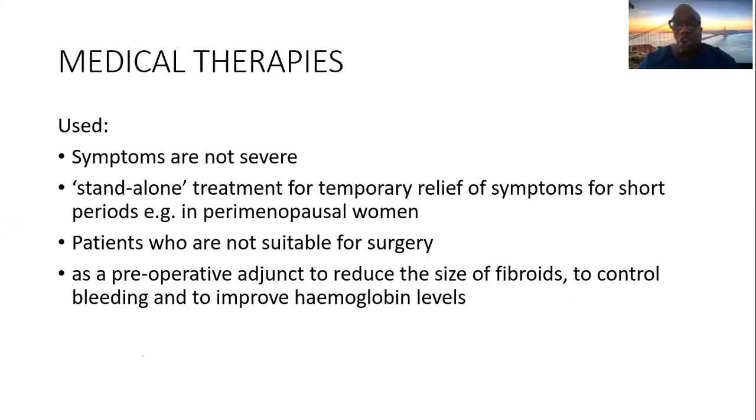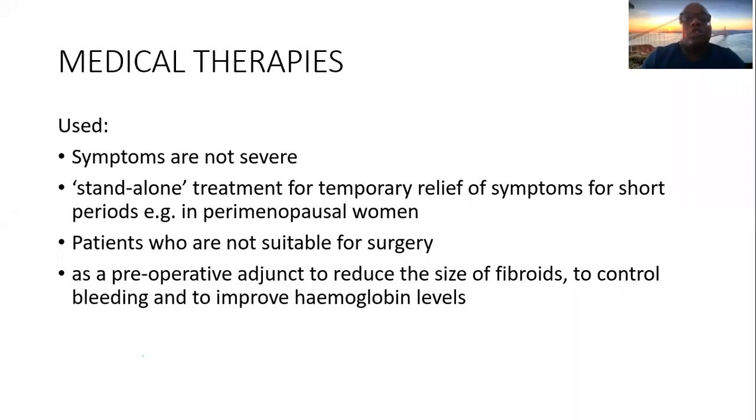So the first option that we have for management is medical therapy. This is used when the symptoms are not severe, and as a standalone treatment it is used for temporary relief of symptoms for short periods. For example, if a woman is perimenopausal, almost approaching menopause, you might just decide to give her medical treatment until she gets to menopause.